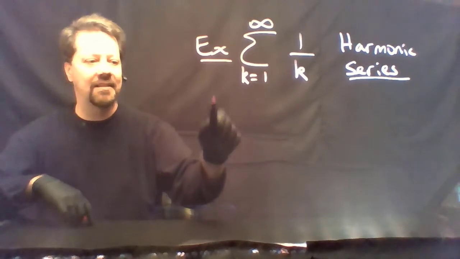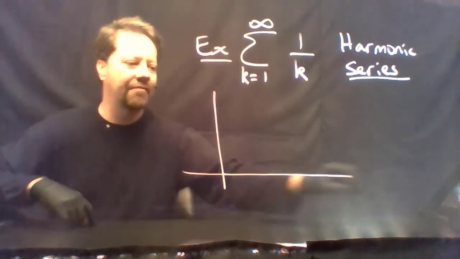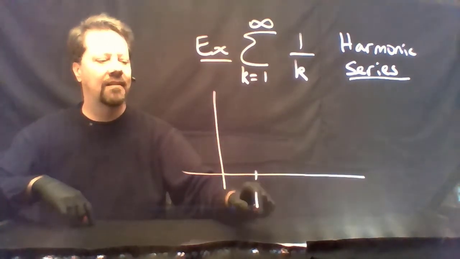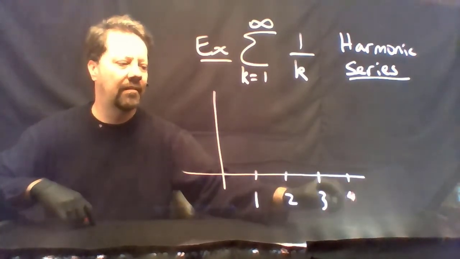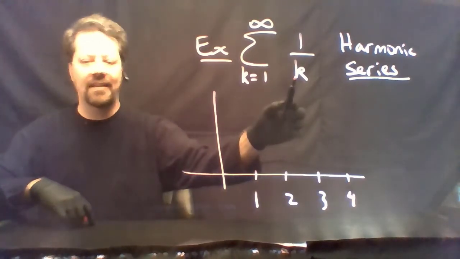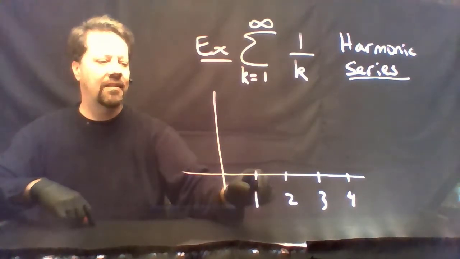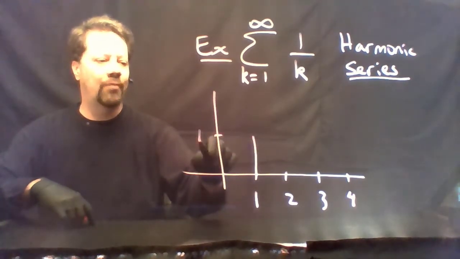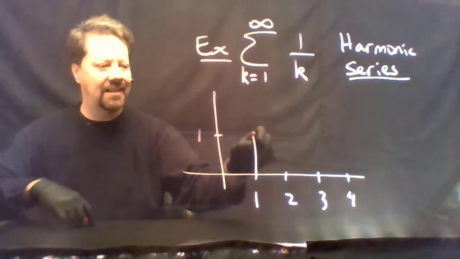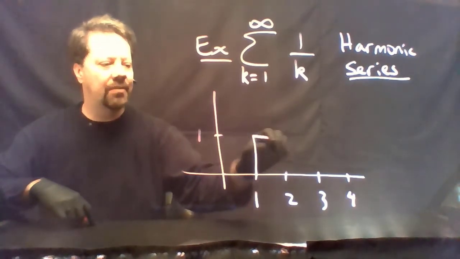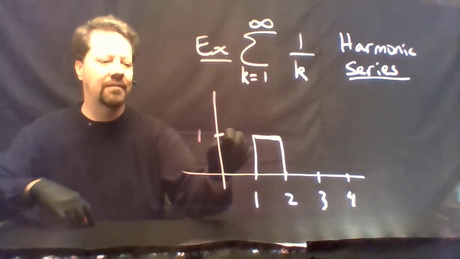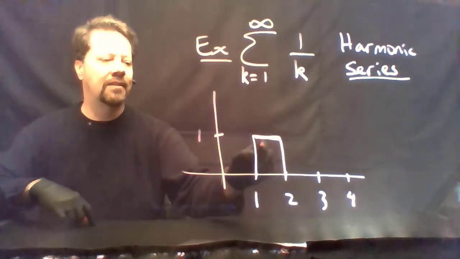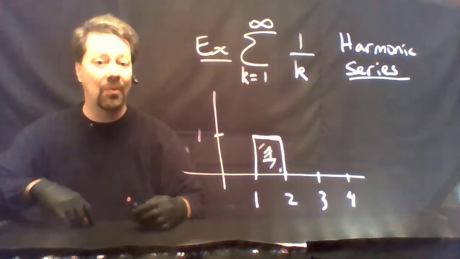I'd like to begin by making a graph. At k equals 1, this function has a height of 1. And in addition to that, I'm going to draw a rectangle of height 1 and of width 1. So the area of this rectangle is 1.